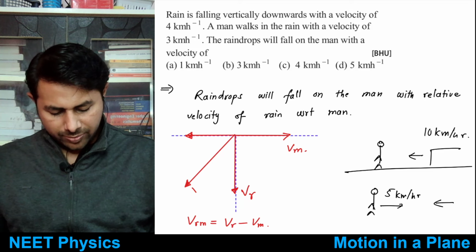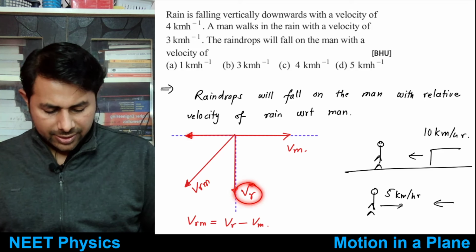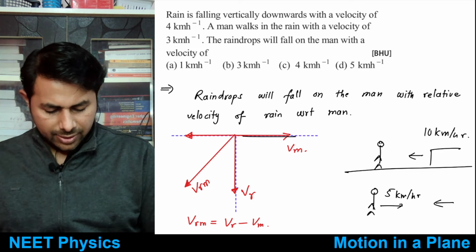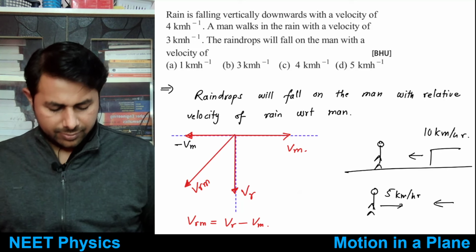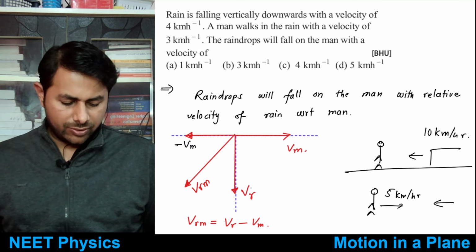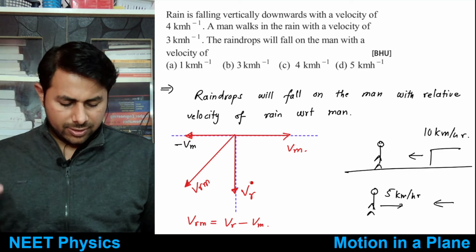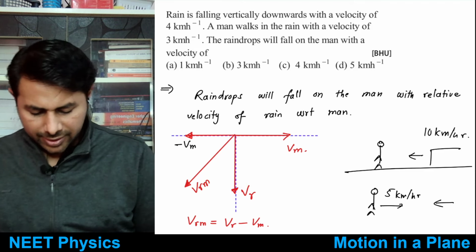This is velocity of rain with respect to man, right? This is Vr, this is Vm, so this is minus Vm, and if you want to find out Vr bar minus Vm bar, then that is sum of Vr bar plus minus Vm bar. This thing is clear, everyone?